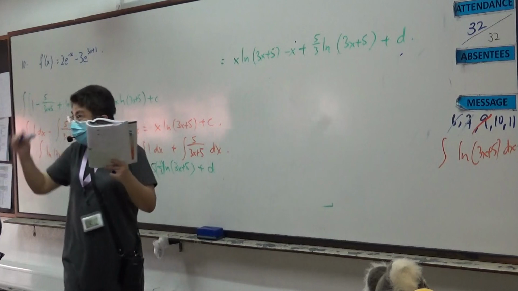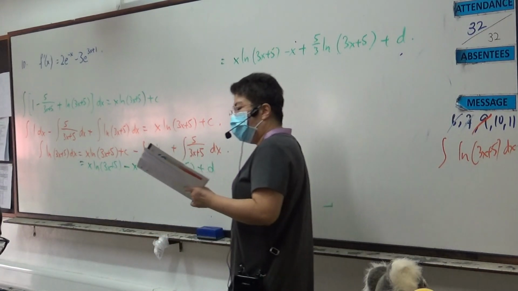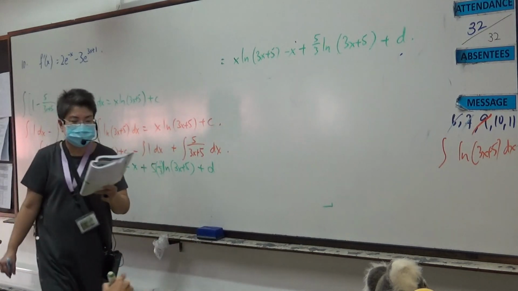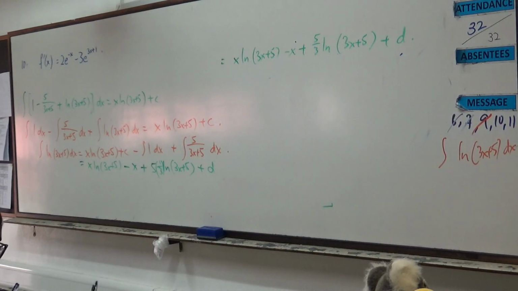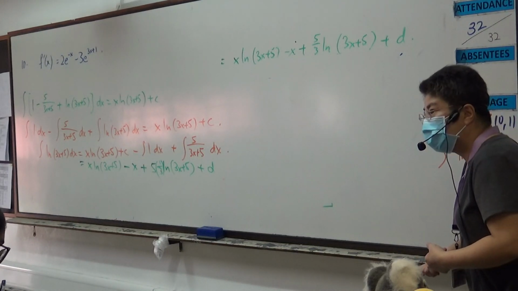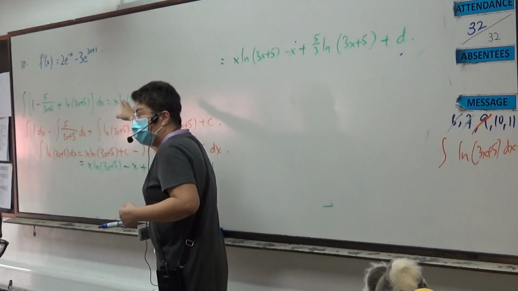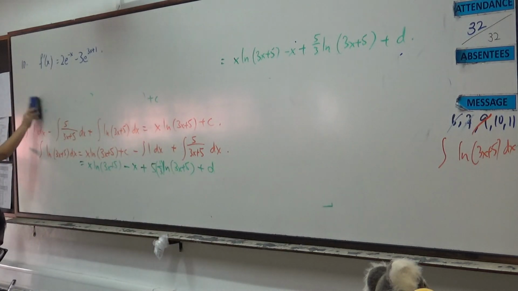This is actually the dy/dx, because it's f prime. Find the exact x coordinate of the stationary point of the curve. For it to be a stationary point, dy/dx must be 0. That means this guy must be 0. Agree, class? Okay, so this is our A. How to solve this here?